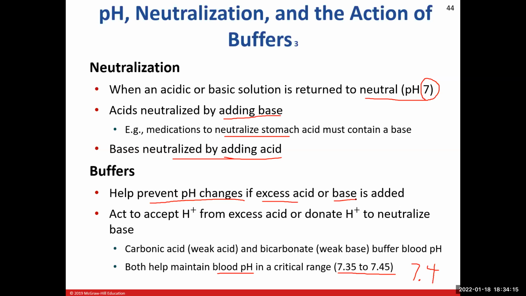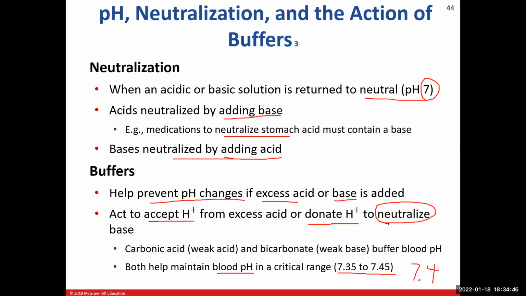So with buffers, these buffers are going to run around and accept excessive hydrogen ions to prevent your blood from becoming too acidic. Or vice versa, these buffers will donate hydrogen ions.